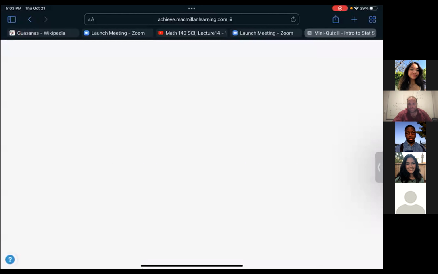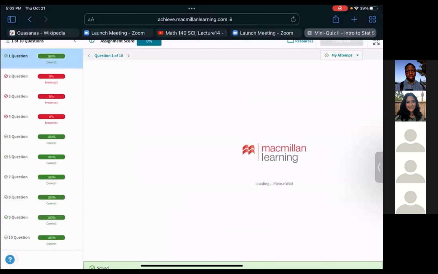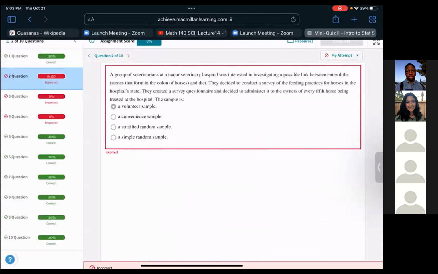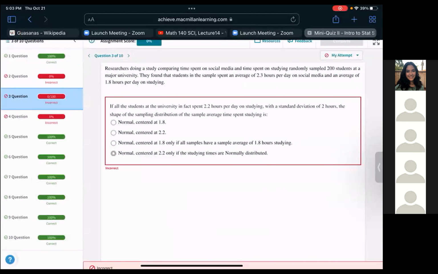Okay. So it was just this one right here. I was confused why I put 2.2, but it's saying it's the normal center. Let's take a look. Researchers doing a study comparing time spent on them. Okay, so 200 students. In the sample, they spent an average of 2.3 hours per day and an average of 1.8 hours per day on studying and media.